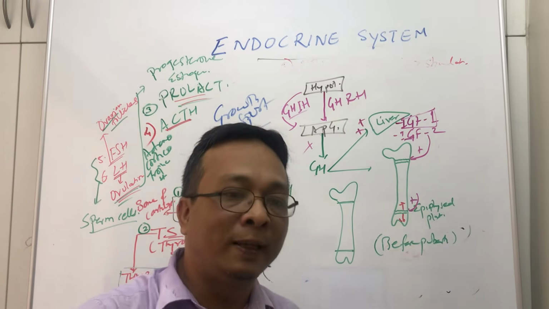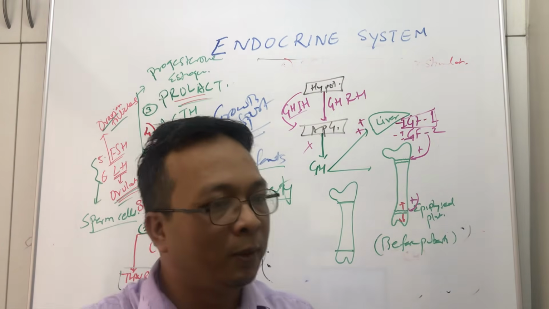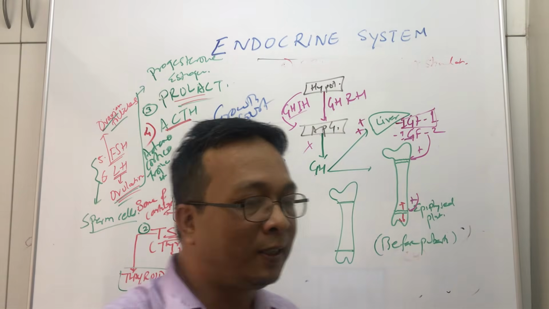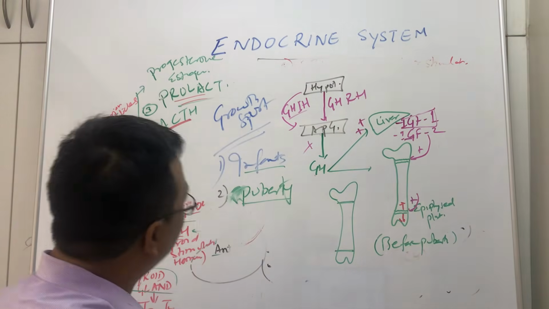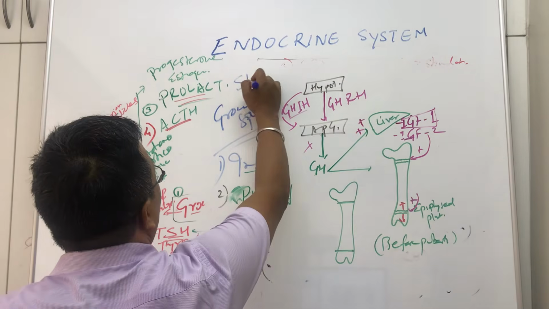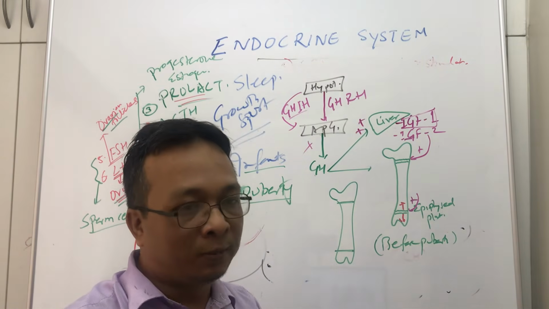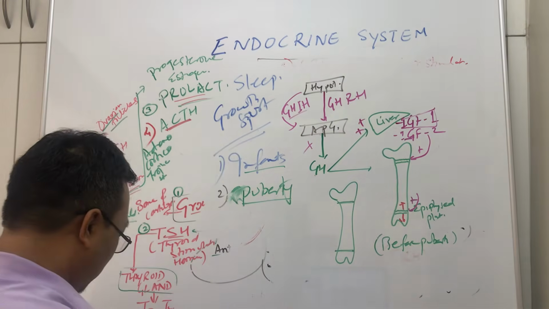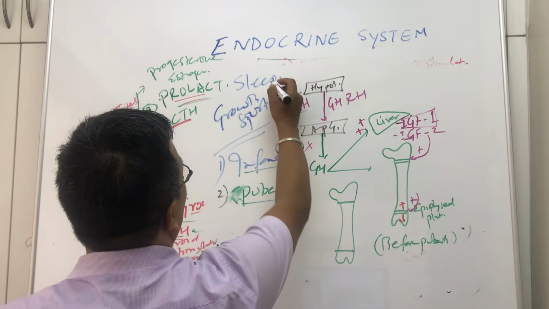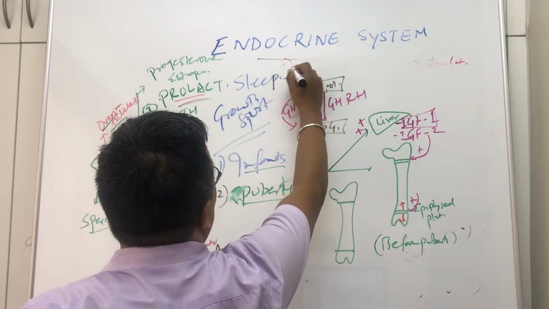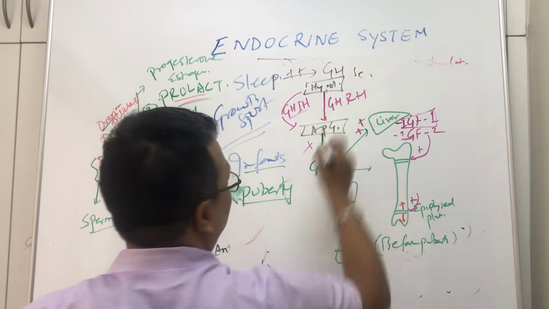So babies or children should sleep a lot because growth hormone is basically secreted during sleep. Sleep induces it. Now for you guys, that is only before puberty, so you don't need to sleep a lot now. When there is sleep, it will increase the growth hormone secretion.